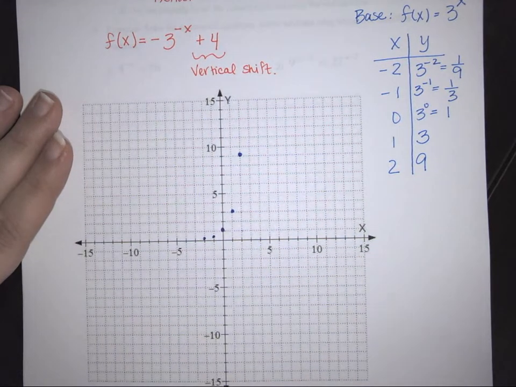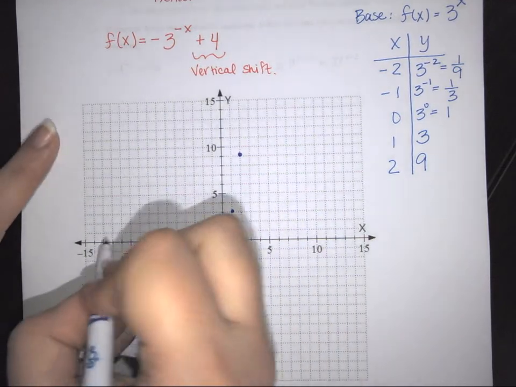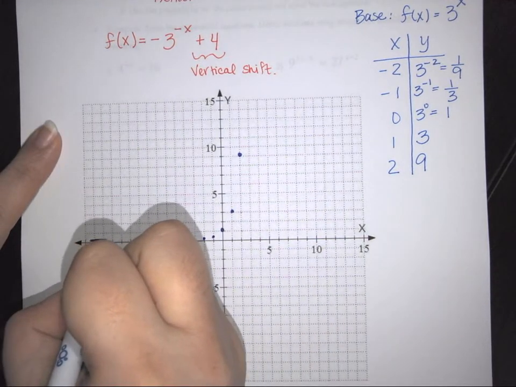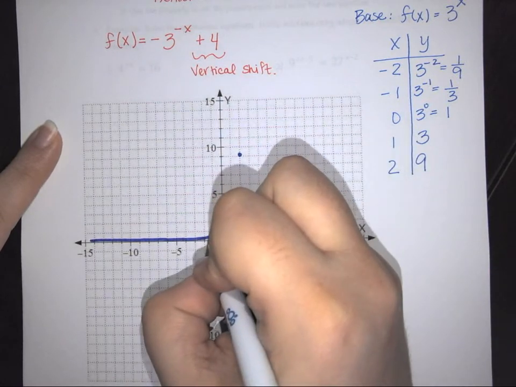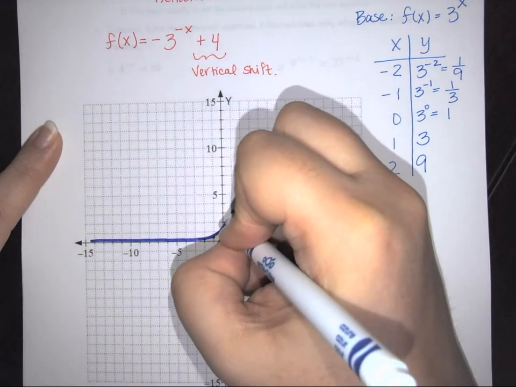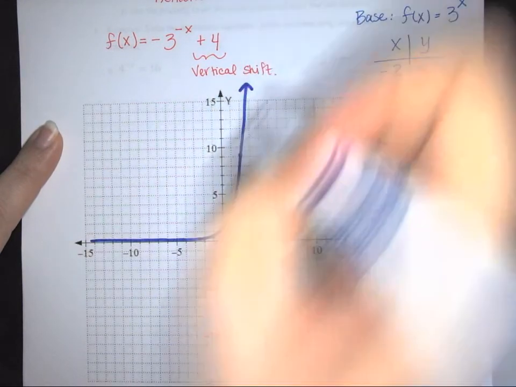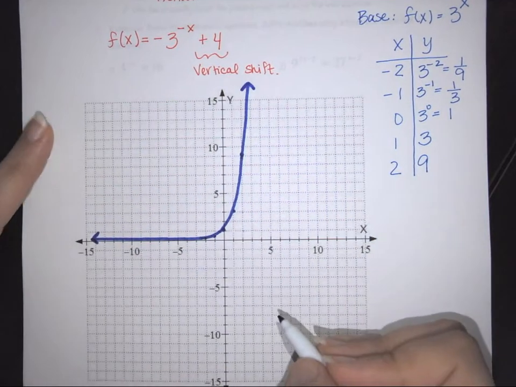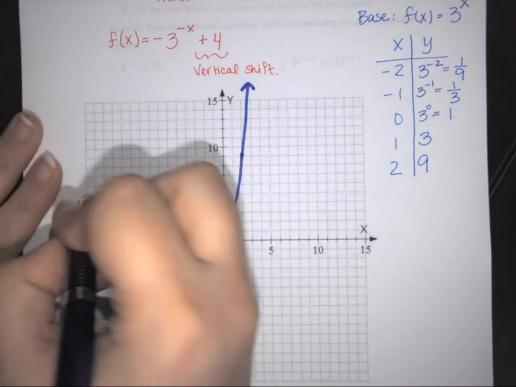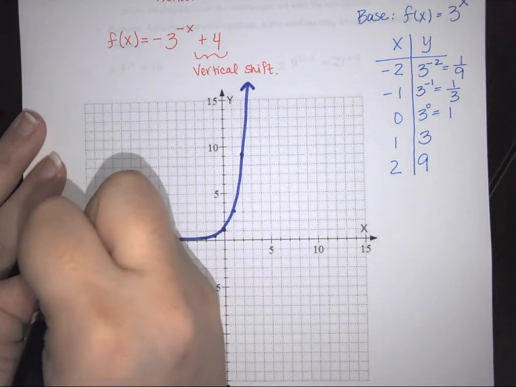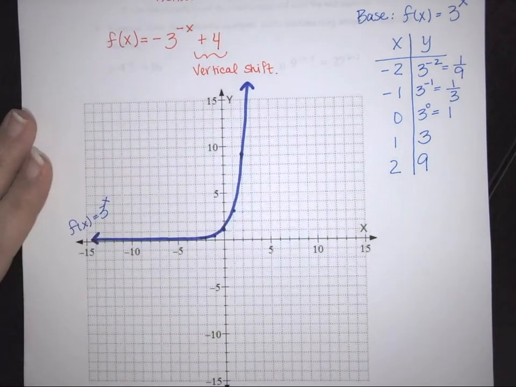Okay. So what you can see from this is that we are traveling along the axis here. And then when we get to our coordinate points, we're going to start shooting up very quickly, and thus this would be our base graph. Okay, and so here this would be your f of x equals 3 to the x.